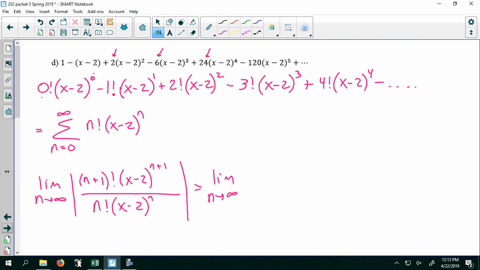Okay, n plus 1 factorial over n factorial simplifies to n plus 1. And x minus 2 to the n plus 1 over x minus 2 to the n simplifies to x minus 2 to the first. I can take the x minus 2 out of the limit in absolute value.